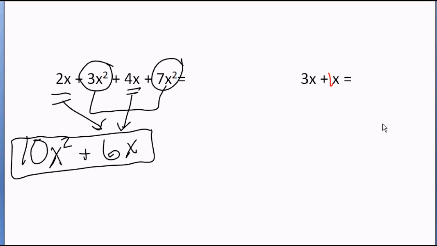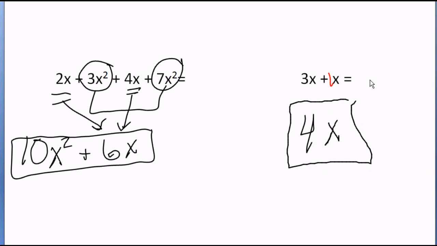And x by itself really means 1x. So 3 plus 1 is 4x. 3x plus 1x is 4x. It's like saying apples. 3 apples plus 1 apple is 4 apples. Do you see? You add the numbers in front. You don't change the stuff after it.